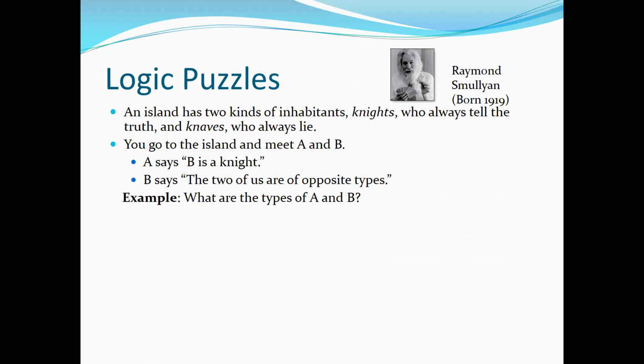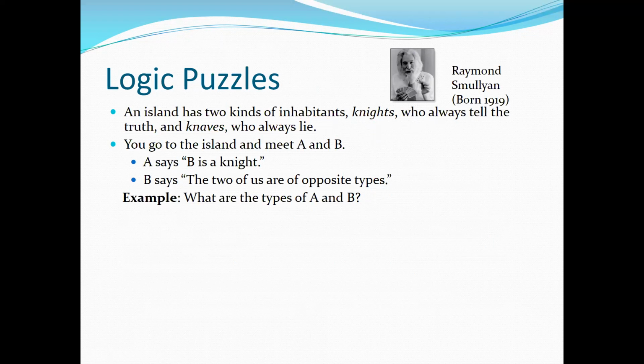So don't worry. It says the puzzle posed by Raymond Smullyan. An island has two kinds of inhabitants. One are knights who always tell the truth, and knaves who always lie. So two types of people are living on the island.